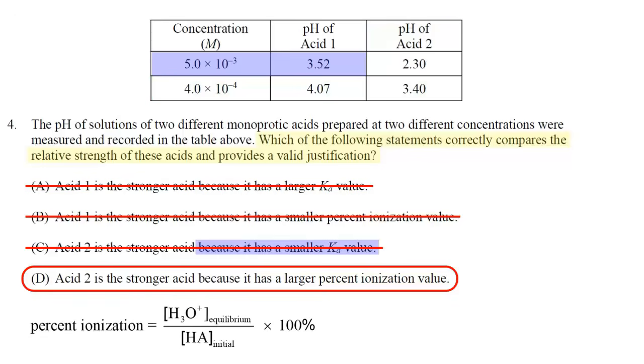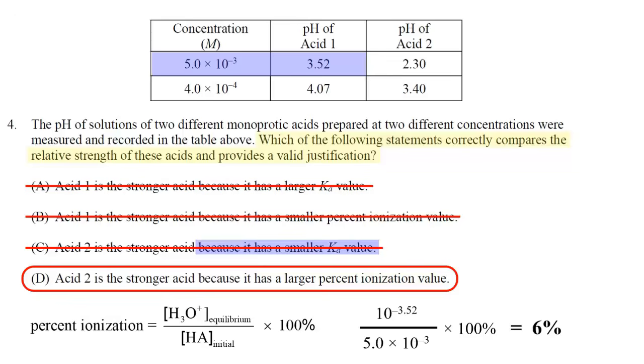The percent ionization is a ratio of the concentration of the hydronium ion, which for acid 1 in this particular row of the table would be 10 to the minus pH, so 10 to the minus 3.52, divided by the initial concentration of the acid, which for this row would be 5.0 times 10 to the negative 3 moles per liter, and then times 100. So acid 1, based on this math, has a percent ionization of 6%.